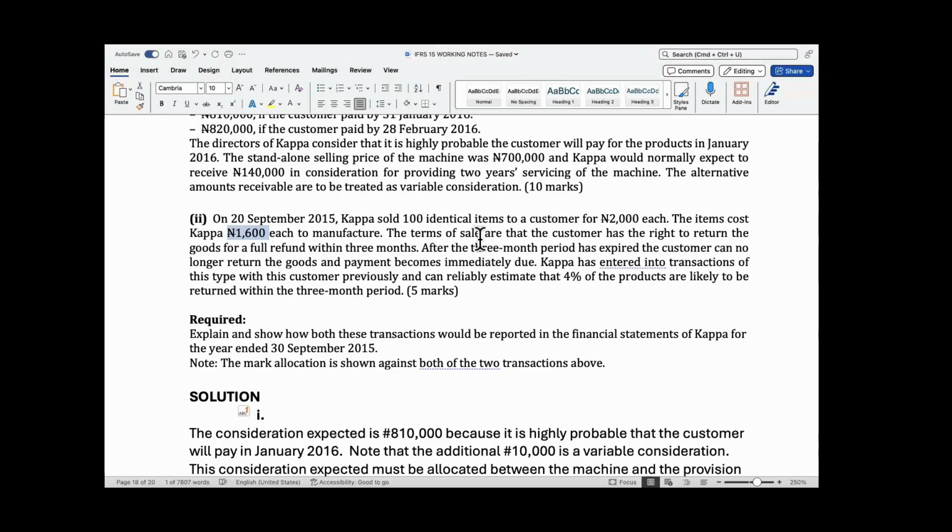The terms of the sales are that the customer has the right to return for a full refund within 3 months. So after 3 months has expired, the customer can no longer return the goods and payment becomes immediately due. Kappa has entered into transactions of this type with this customer previously. I can estimate that 4% of the goods are likely to be returned.